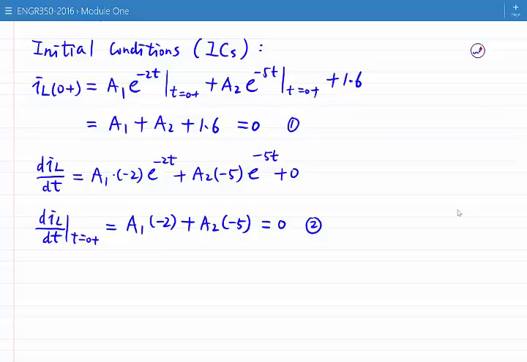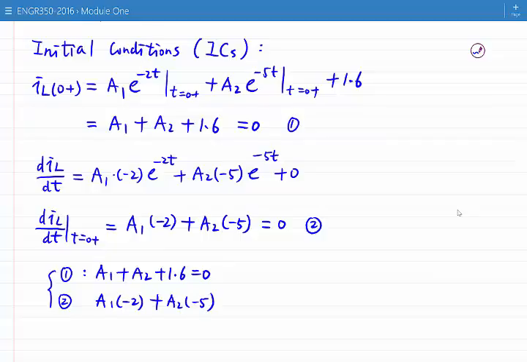So that means we have equation 2. If we solve equation 1 and equation 2, let me write it here. Equation 1 is A1 plus A2 plus 1.6 is equal to 0. The second equation is A1 times minus 2 plus A2 times minus 5 is equal to 0.